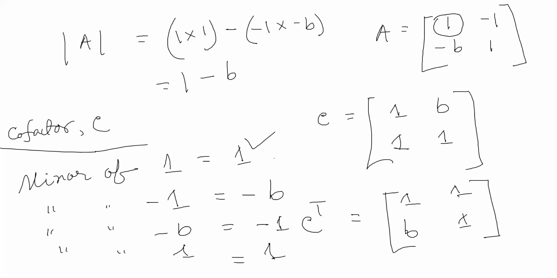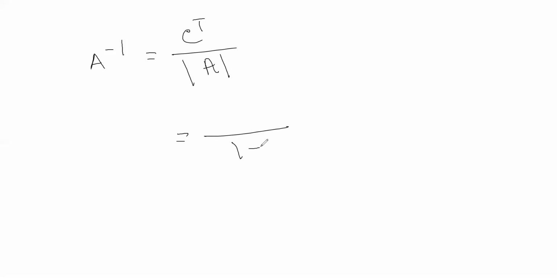Finally, under matrix inversion method, in order to identify A inverse, what do you need to do? A inverse is equal to transpose of the cofactor matrix divided by the determinant. So we have got that the determinant is 1 minus b, and the cofactor matrix is 1 1 b 1, right?